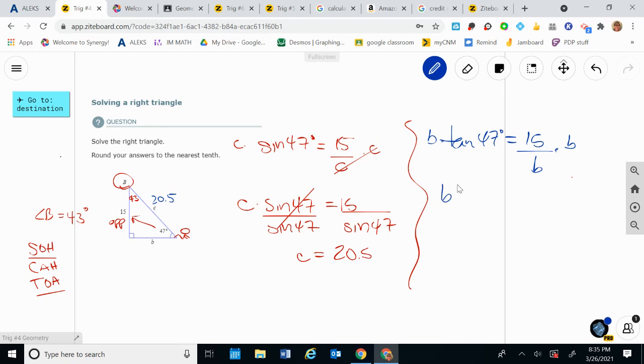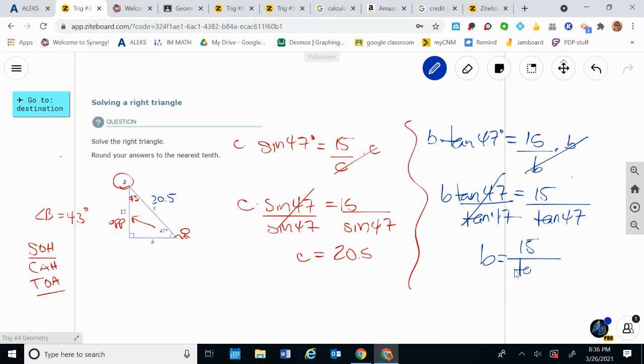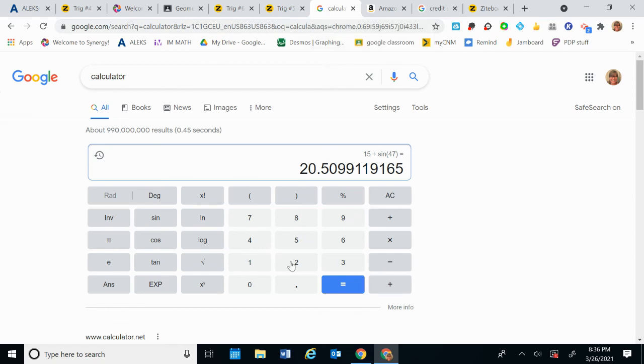Then I get B tangent 47 equals 15. Divide both sides by tangent of 47. You'll notice I'm actually showing my work, and the reason why is because you guys aren't that familiar with tangent, cosine, and sine, and I just want to make sure we always keep that angle with the function, okay? So it's 15 divided by tangent of 47.